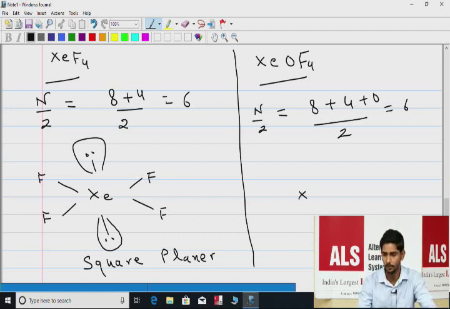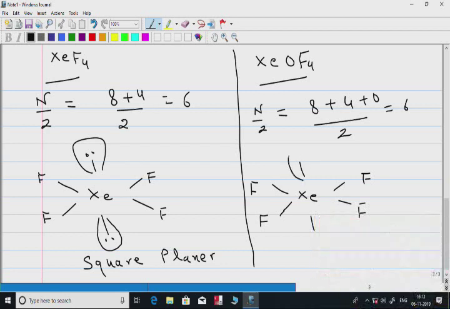So here again I'll put the xenon at the center, draw the 6 bonds. Now start putting the similar atoms in the same positions, and then make one lone pair and one oxygen.